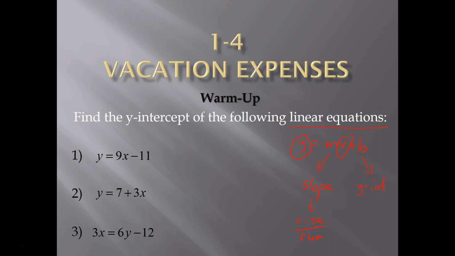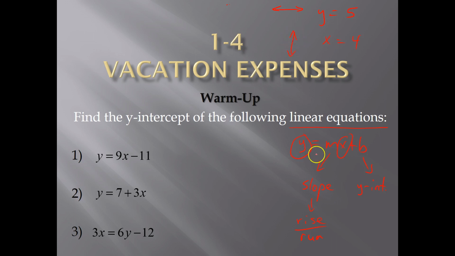Now if the equation only had a y and not an x, say something like y equals 5, that would be a horizontal line. It would go left to right, or right to left. If the equation only had an x, but not a y, it would be a vertical line, going up and down.